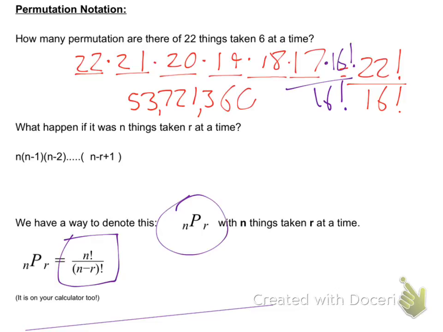That's a big number. That means we have 53 million different ways I can rearrange you guys in groups of 6. That's crazy.